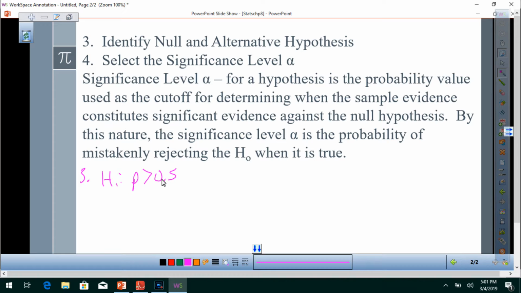I know that a lot of times what you're trying to prove is your null hypothesis, but in this case, since we said it was greater than half, the null hypothesis would be P is equal to 0.5. Now I know in number 2 we said less than or equal to, but for this course, our null hypothesis will always be set equal to something.